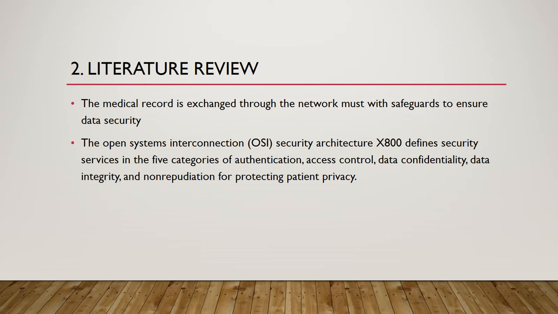The reason hospital information systems didn't follow a common standard in the past is that they strove to protect patients' privacy, even though the demand for patient record exchange has been extensive. Thus, the medical record exchanged through the network must come with safeguards to ensure data security.